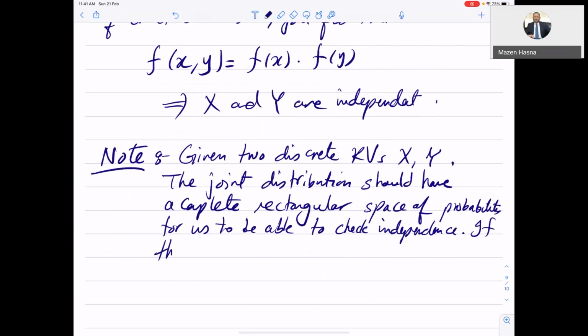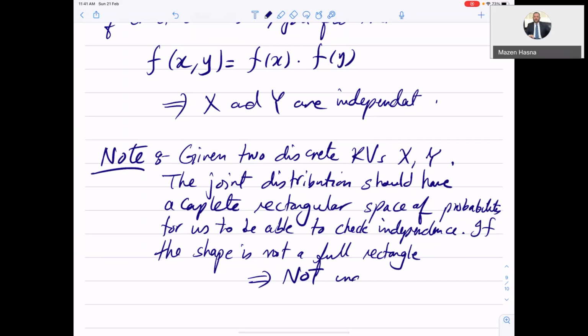If the shape is not a full rectangle, it means that they are not independent.